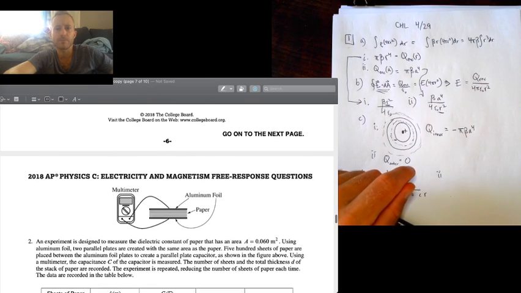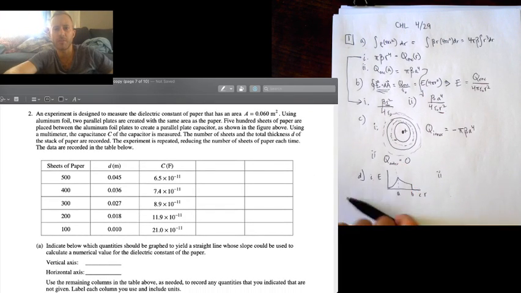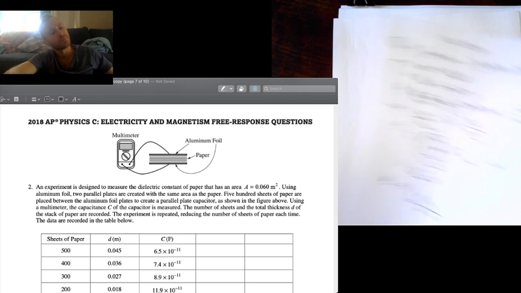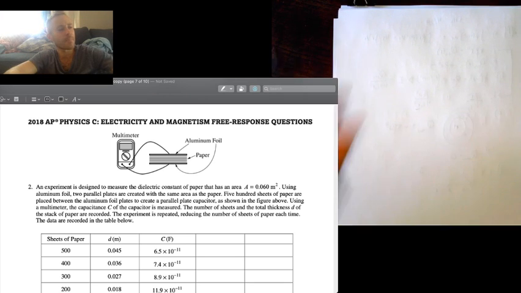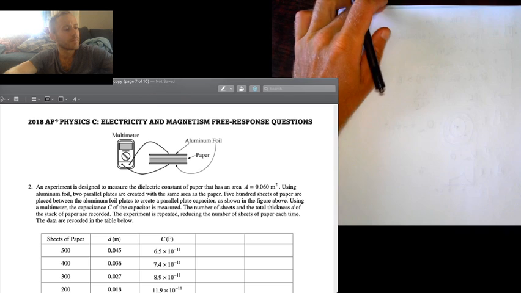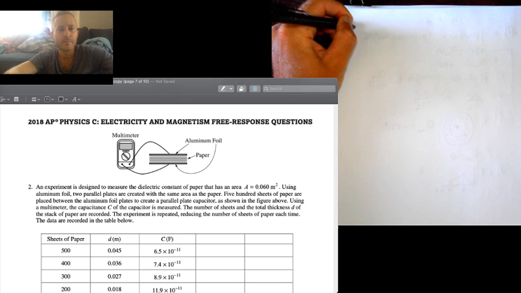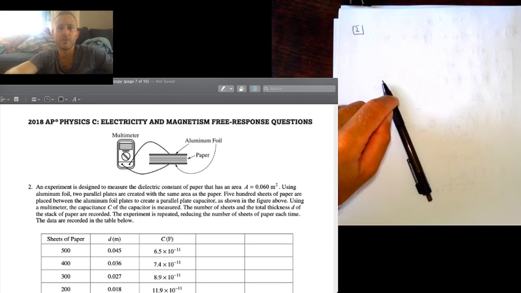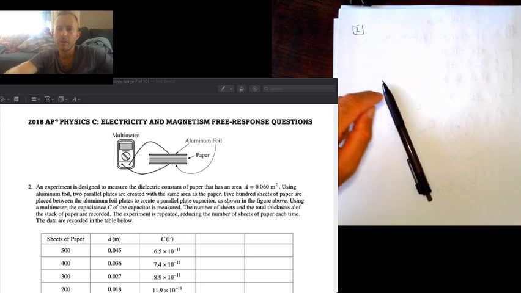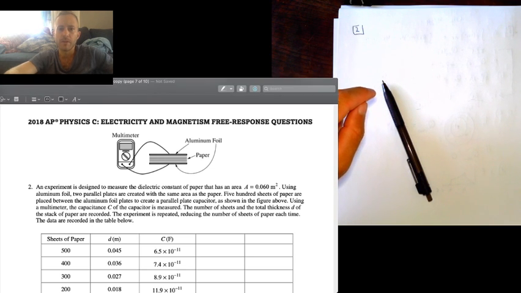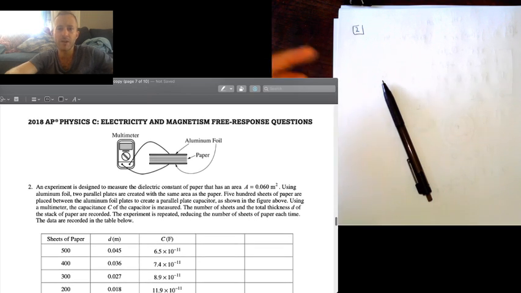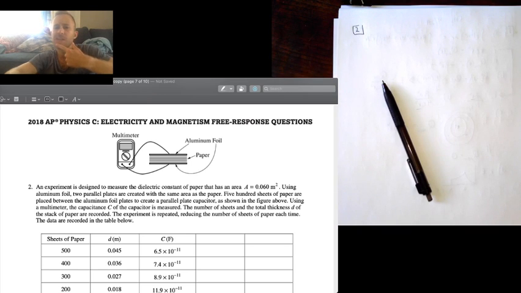So question 2 looks like a capacitor, doesn't it? An experiment is designed to measure the dielectric constant of paper that has an area of blah using aluminum foil. 2 parallel plates are created with the same area as the paper. We should make a capacitor sometime.